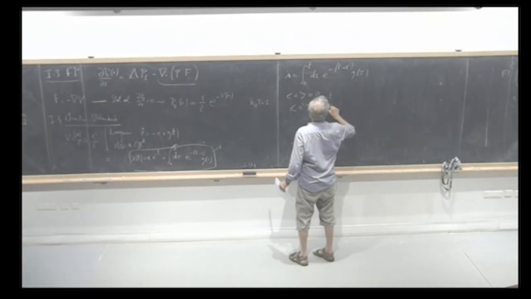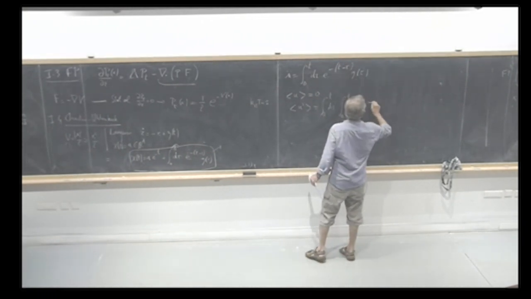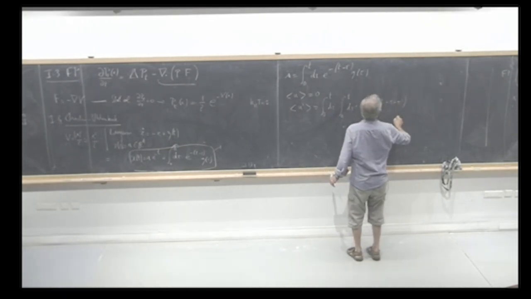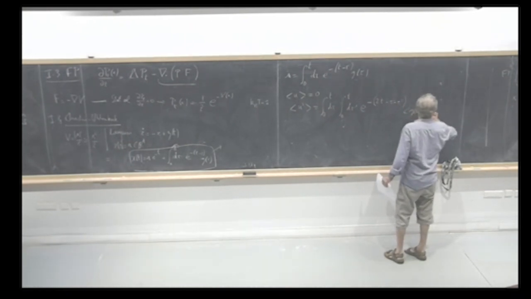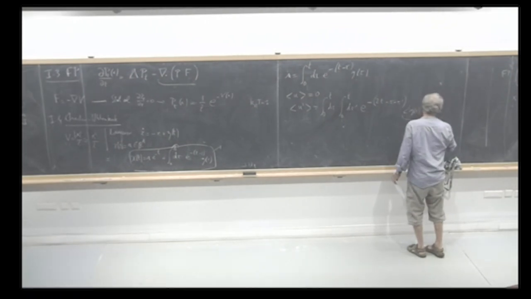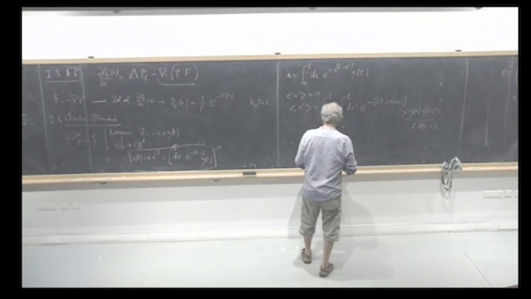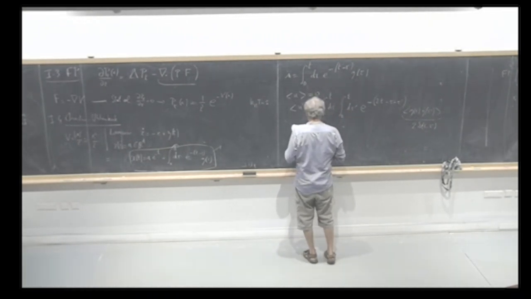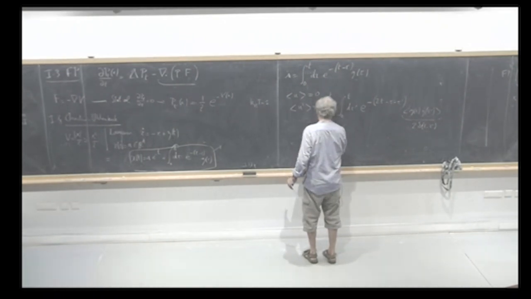integral 0 to t d tau, integral 0 to t d tau prime, e to the minus (2t minus tau minus tau prime), times the correlation function of eta of tau and eta of tau prime, and this is 2 delta of tau minus tau prime. So this gives me altogether, you work it out, it's a simple integral, 1 minus e to the minus 2t.